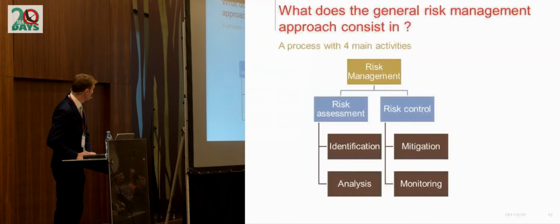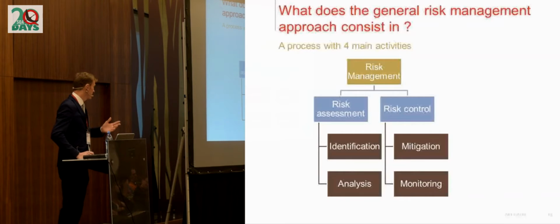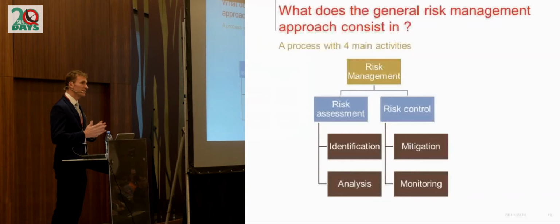Okay, so the risk management is basically a set of 4 main activities distributed between risk assessment and risk control. The first activities are identification of the risk, then analysis of the risk. Once we've got that, we have a risk repository, and we can use it to mitigate the risk and to monitor the project against the risk.